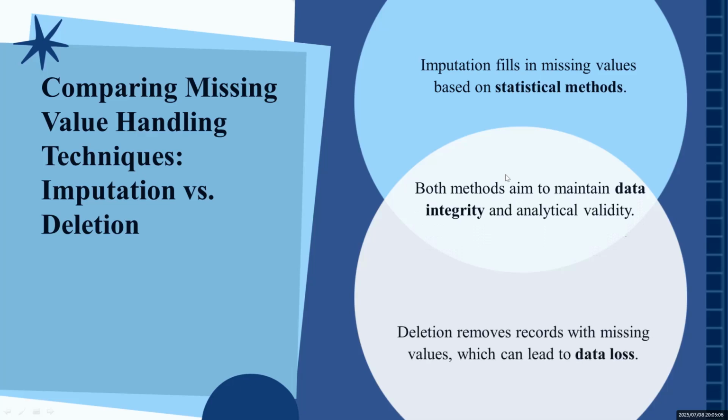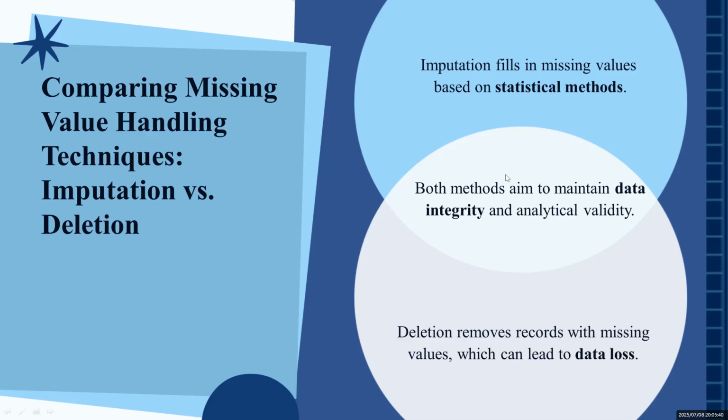Now, deletion is another method that helps to remove the record, or in fact the column or the row, with missing values, and it can lead to data loss. Let's take for instance a data set that contains 100 rows, and let's say we have about 50 missing values. If you take out 50 from 100, you're left with just 50 rows.